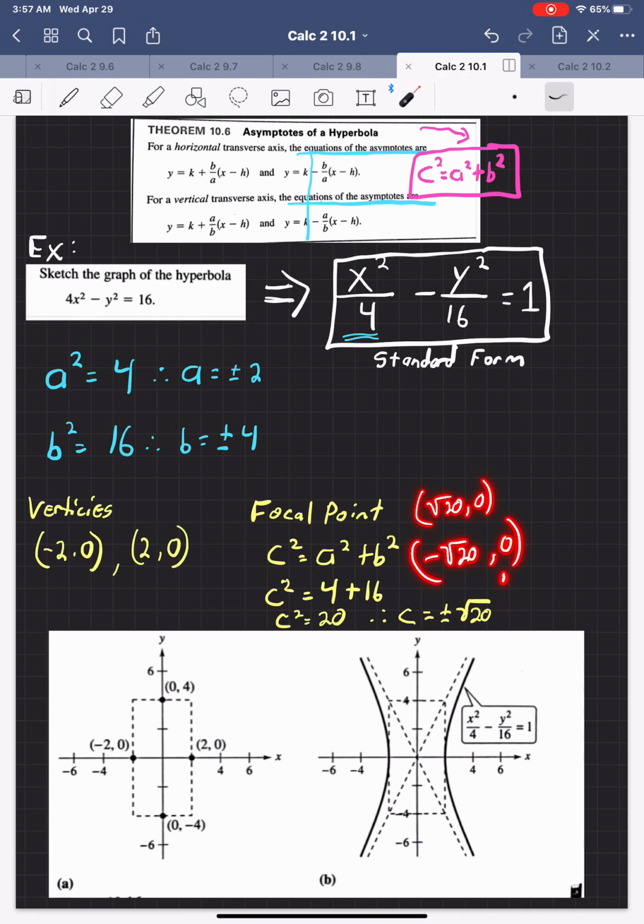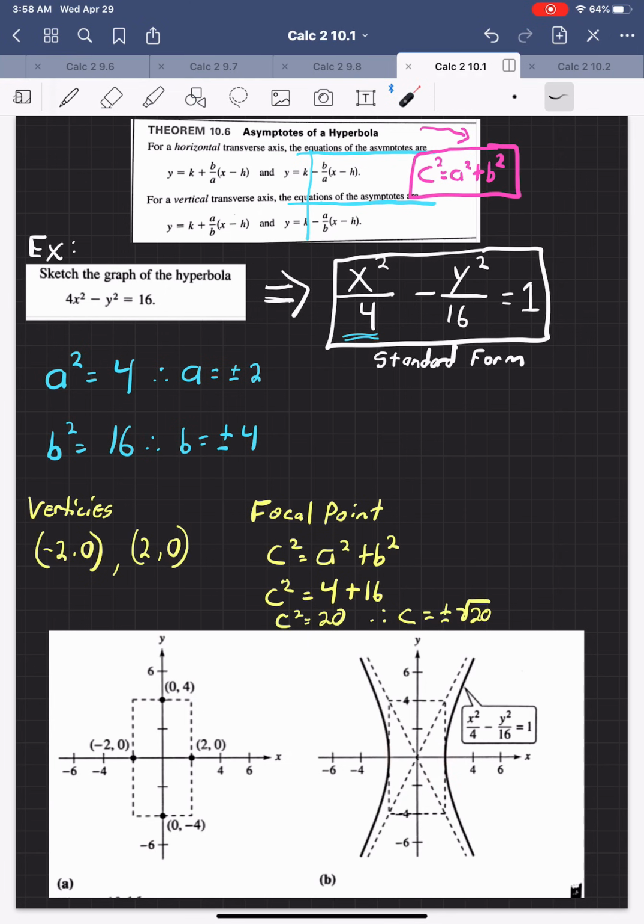Now, the question is, how do I graph a hyperbola if all I have is 2 points? Don't you agree with me? All I have is this dot and this dot. How do I then graph the hyperbola? Well, that's where B comes in.